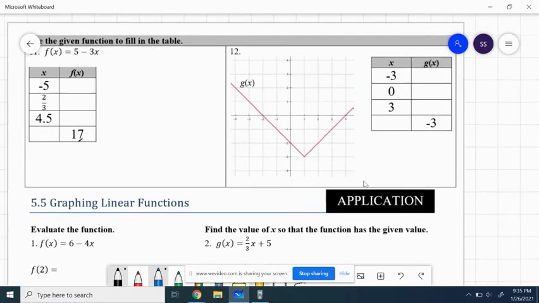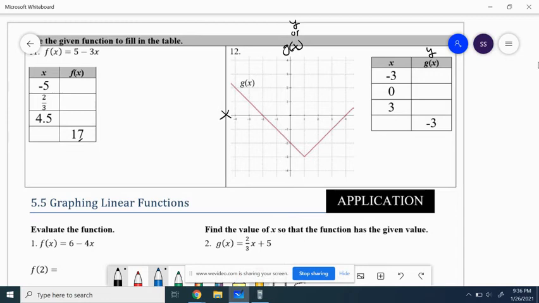So now we are looking for our g of x, okay? F of x, g of x, h of x, it doesn't matter what you use. It's just showing you that it's a function. G is a function of x, so it's the same thing as y. So we are looking for our corresponding g of x or y values. If I go over to -3 on the x-axis, here's the x-axis, this is our g of x-axis or our y.